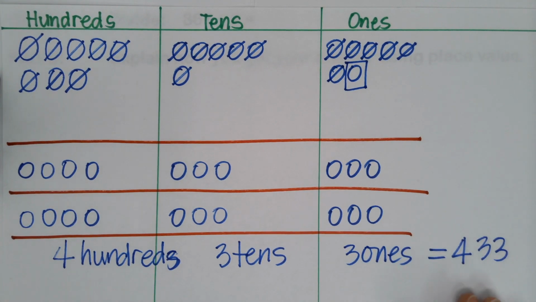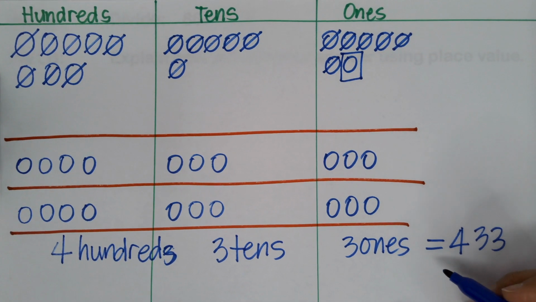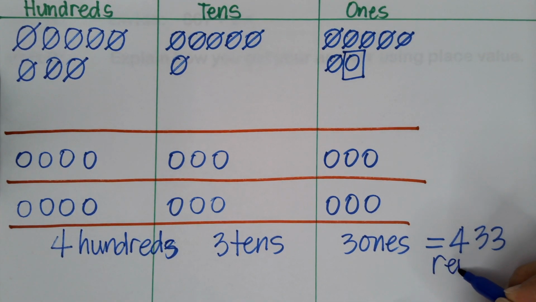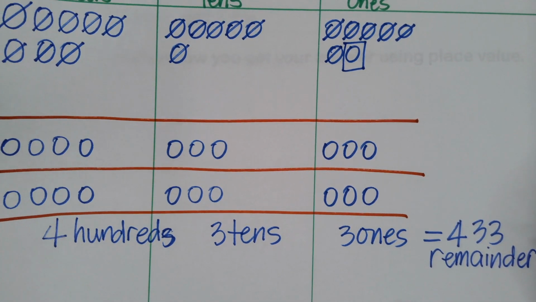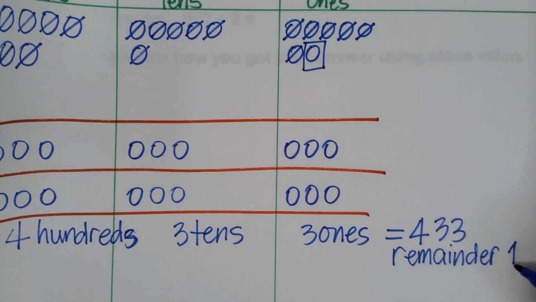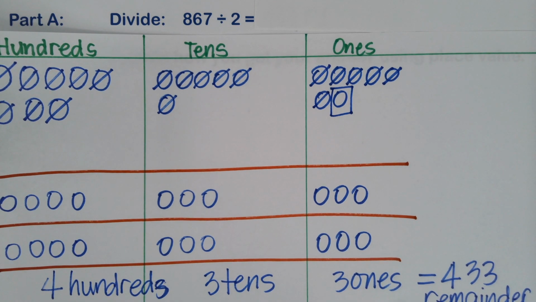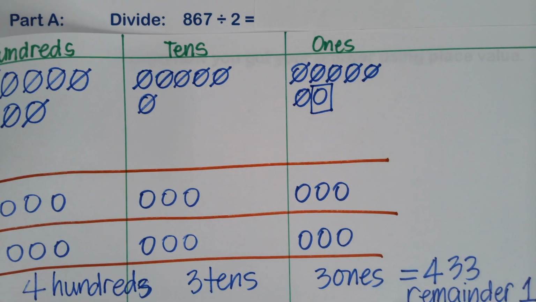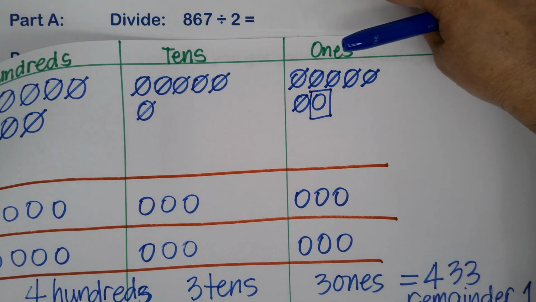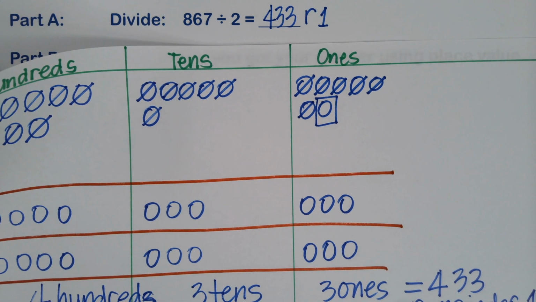So our quotient is 433, but remember we still have one extra, so we have a remainder of 1. So 433 is our quotient and 1 is our remainder. Therefore 867 divided by 2 is 433 with a remainder of 1.